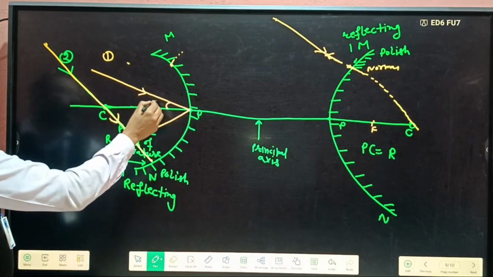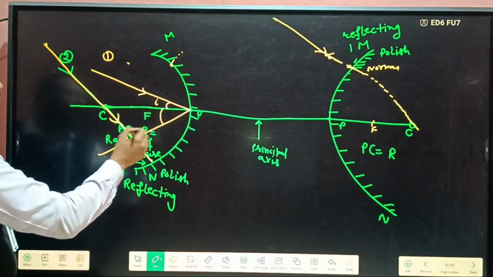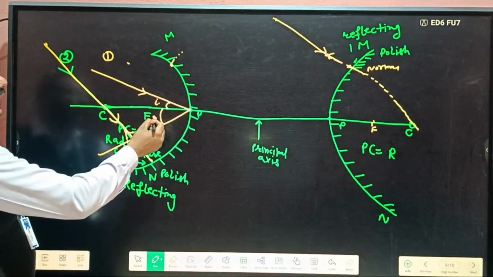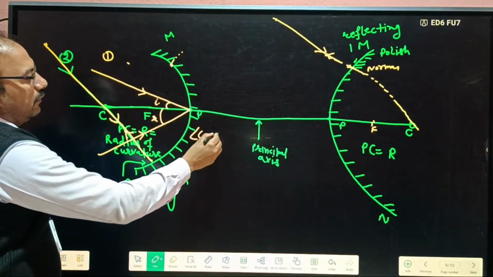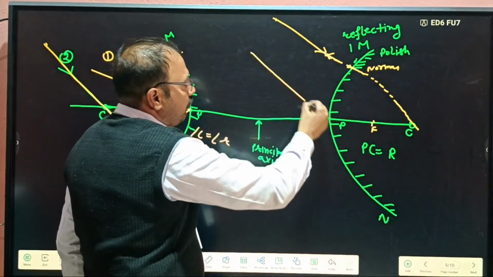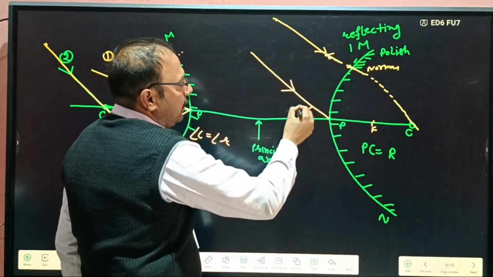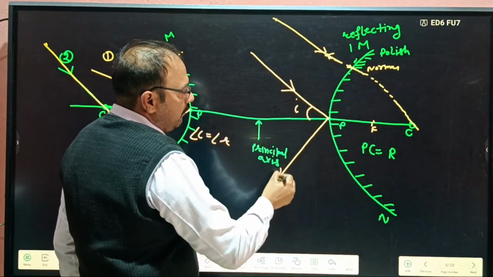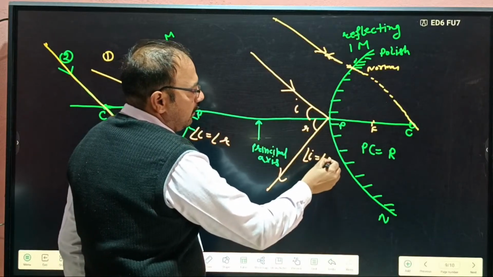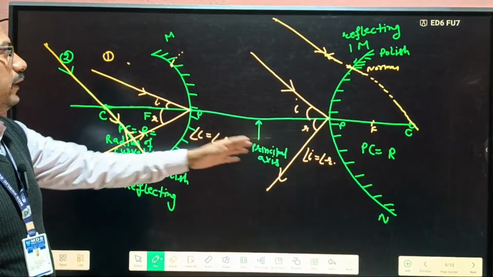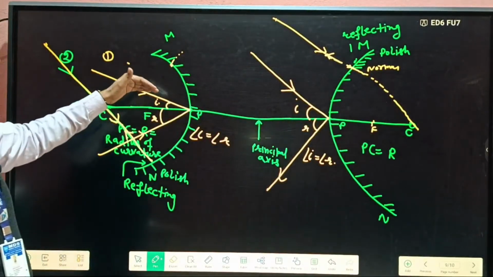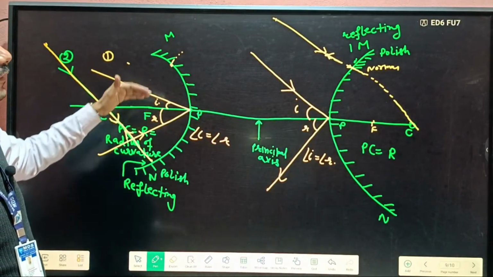This is the angle of incidence I and this is the angle of reflection R. So angle of incidence I is equal to angle of reflection R. When it comes to this point, the pole, this is angle I, and it is reflected with the same angle, this is R. So angle I is equal to angle R. Both cases are the same because the angle of incidence and reflection are equal.